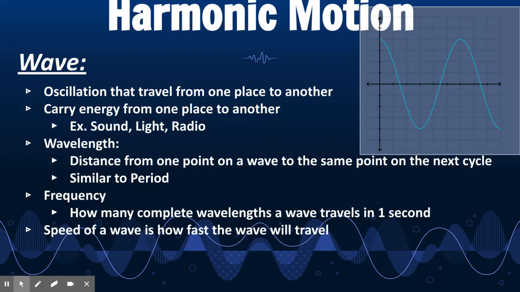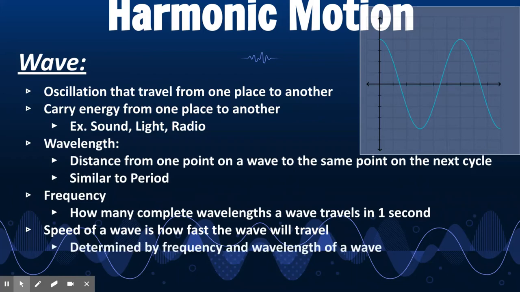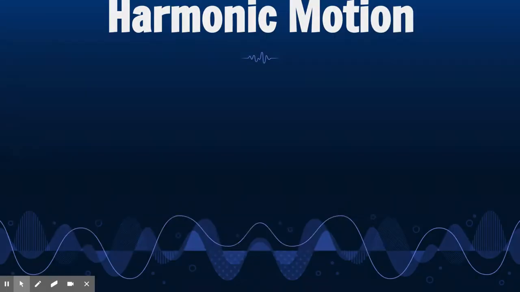That energy travels through gases, liquids, and solids, but things like light can also travel through empty space. How fast that energy is moved from one point to another will determine the wave speed. Yesterday we looked at how it's determined by the frequency and the wavelength of a wave.